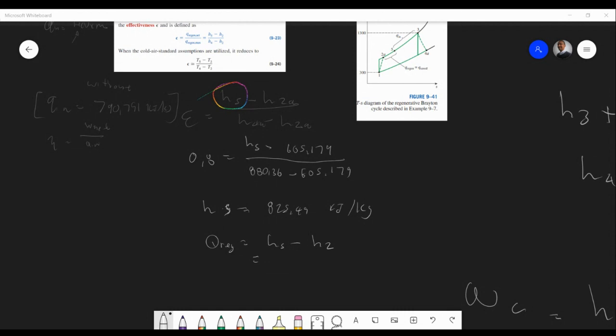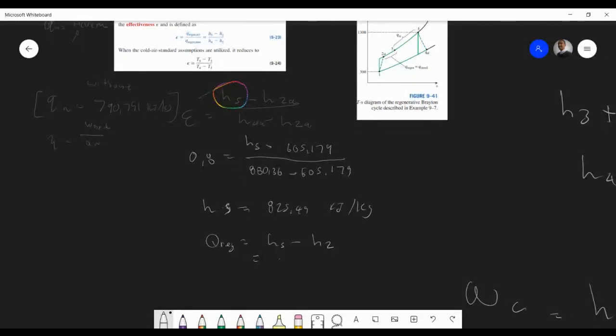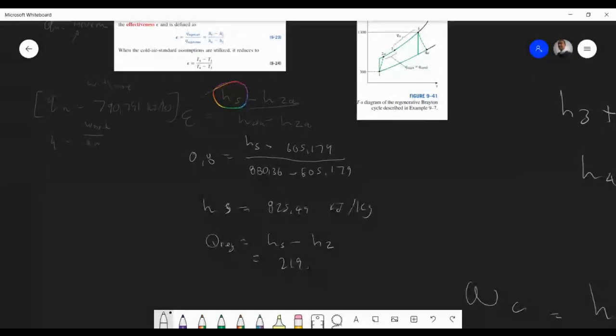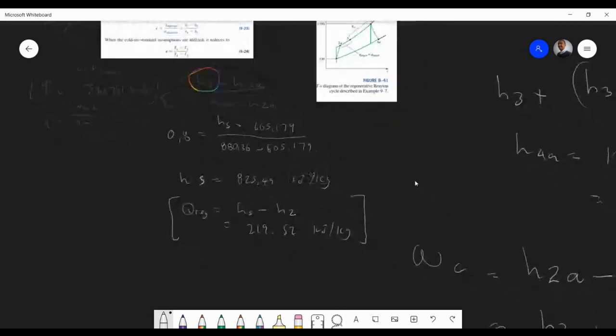Yeah, that makes sense. So it's 219.5552. If I ask you how much energy was supplied by the regenerator, it's going to be this amount.